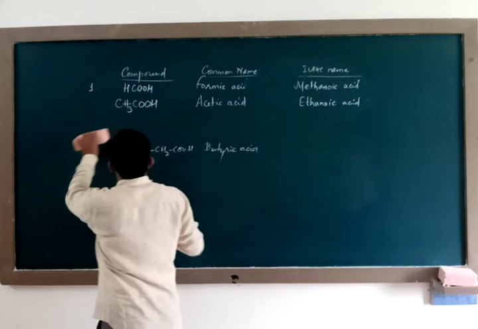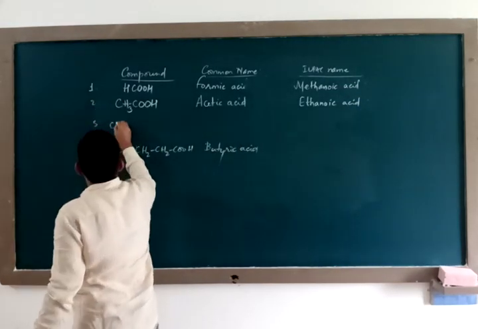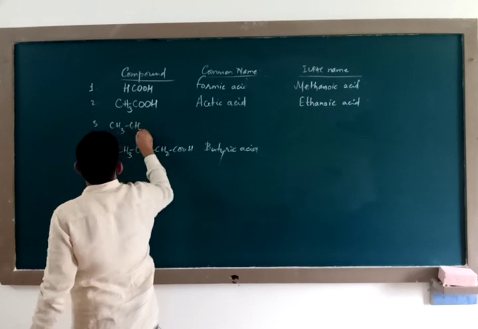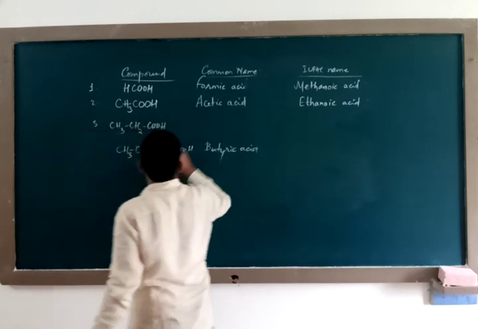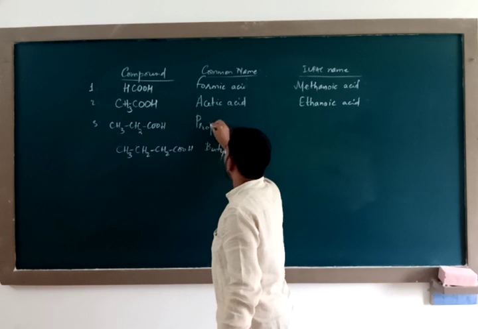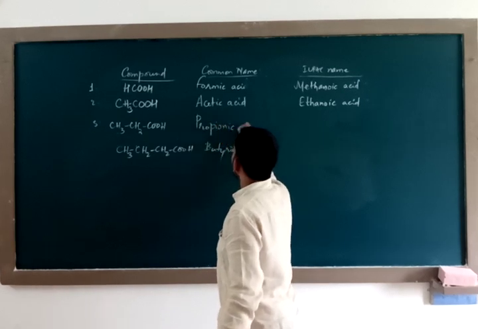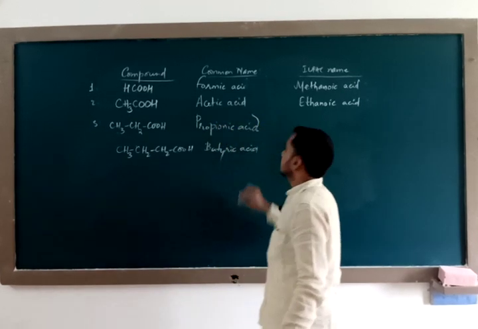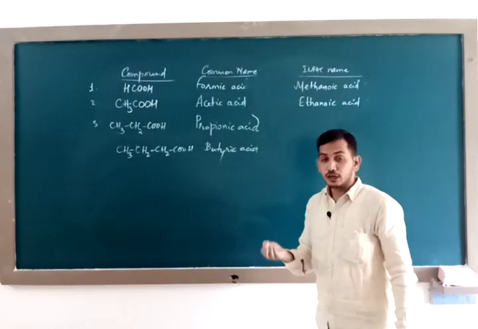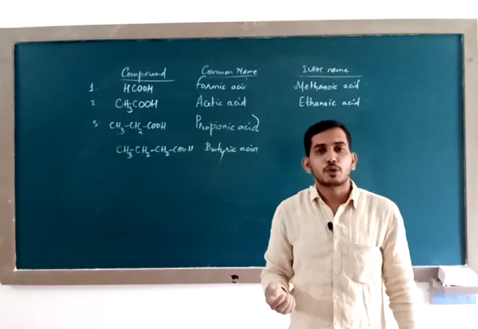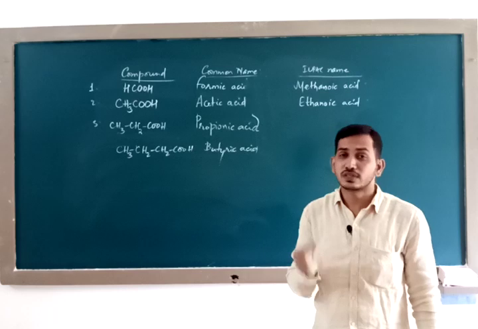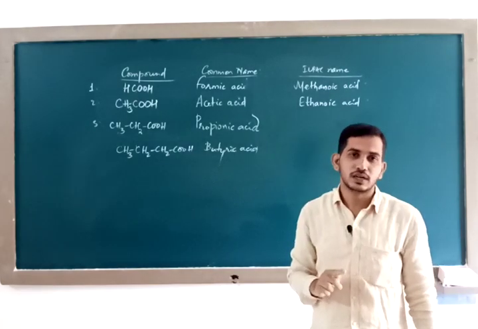Then the third compound, with three carbons, CH3, CH2, COOH, is called propionic acid in the common naming system. It was the first carboxylic acid to be discovered.